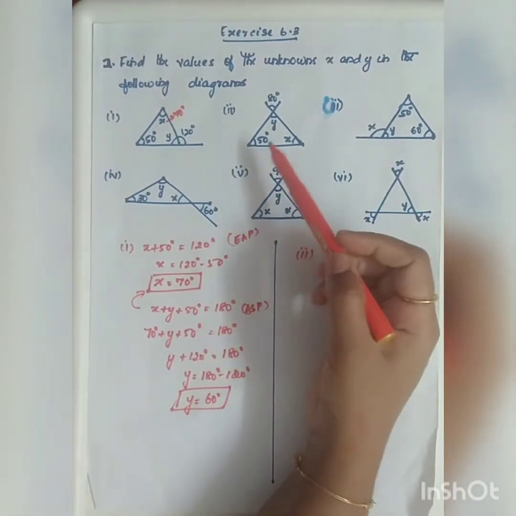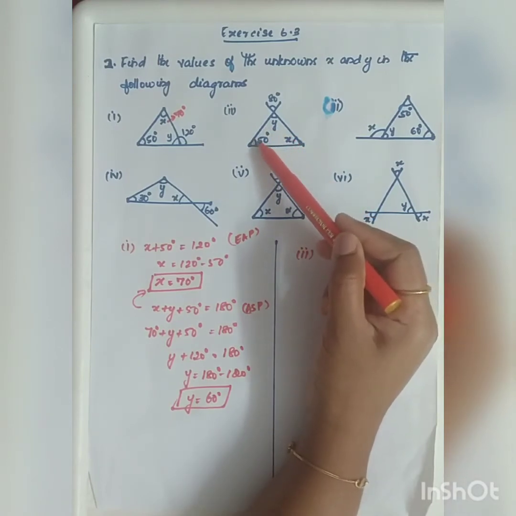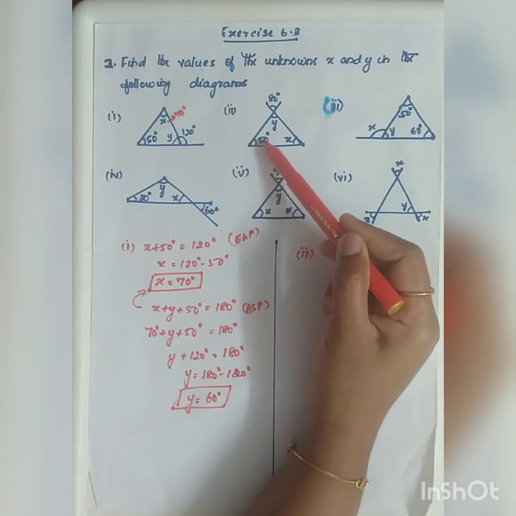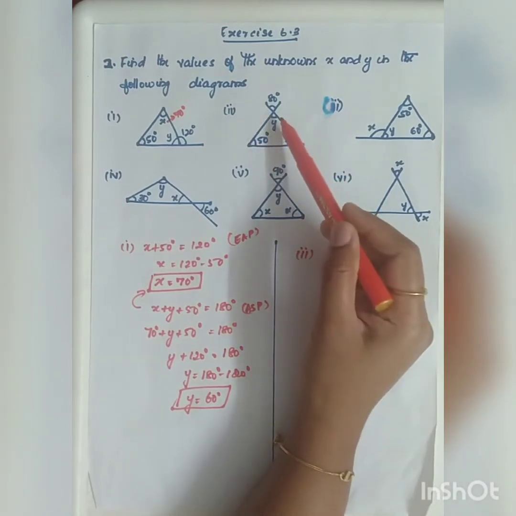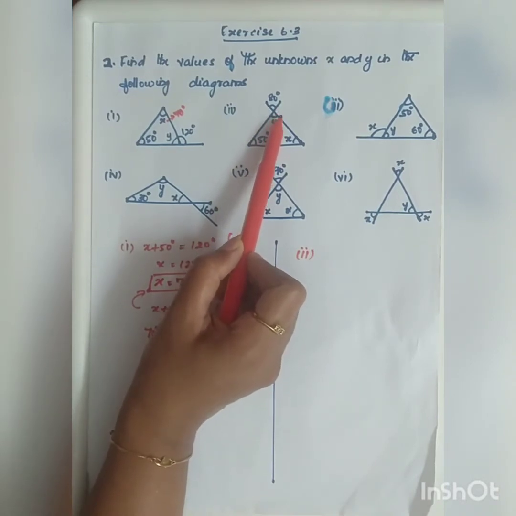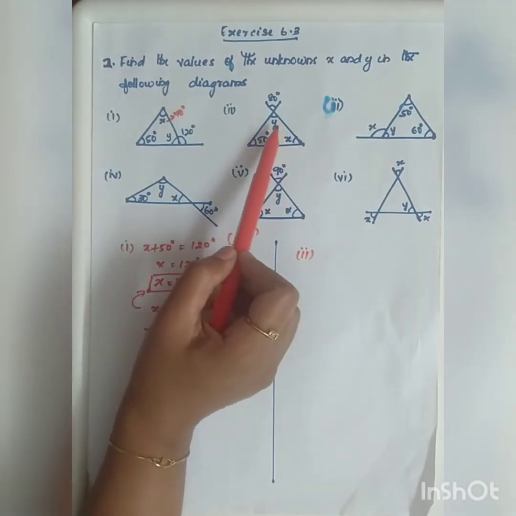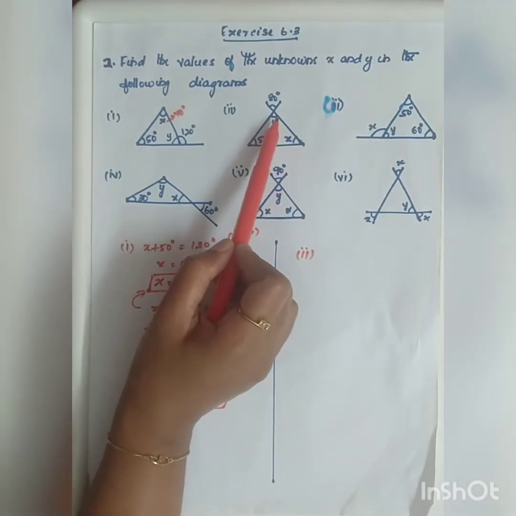In the second question, as we can see in the diagram, we have to find two interior angles, that is x and y. We have one interior angle, 50 degrees. But as you can see in the diagram, here it's not a linear pair, so you can't apply the exterior angle property.